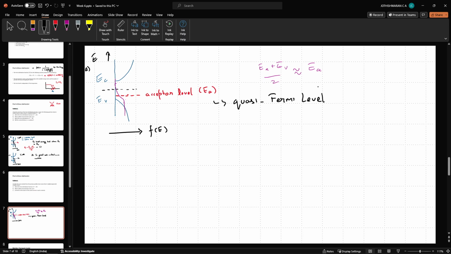To understand the proper Fermi level of the system, we will have to again analyze the whole doped semiconductor system, look at how the energy levels are changed, and then redefine the Fermi level from first principles.